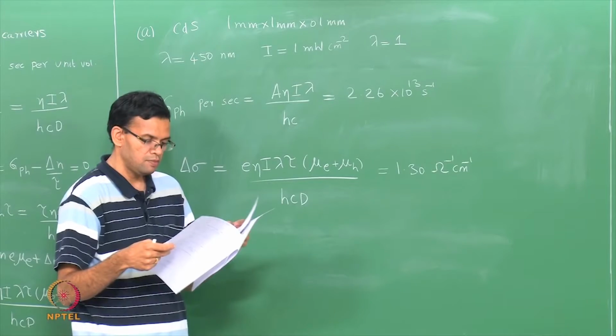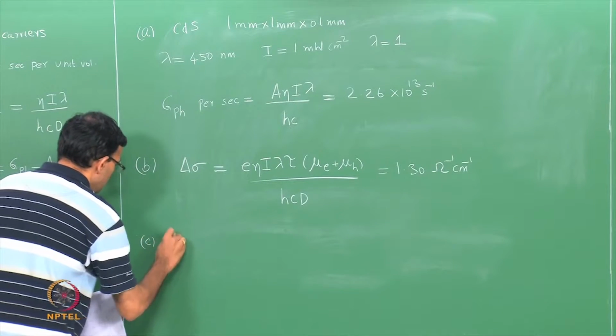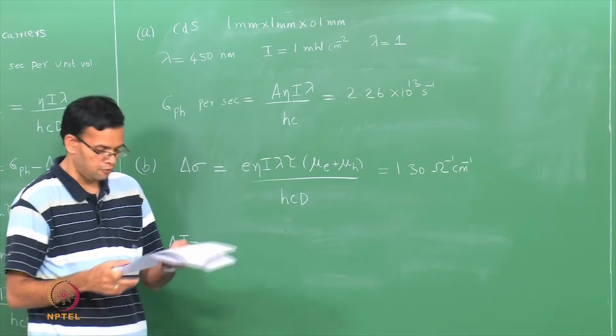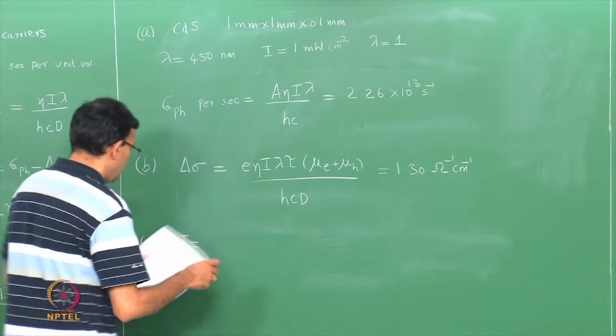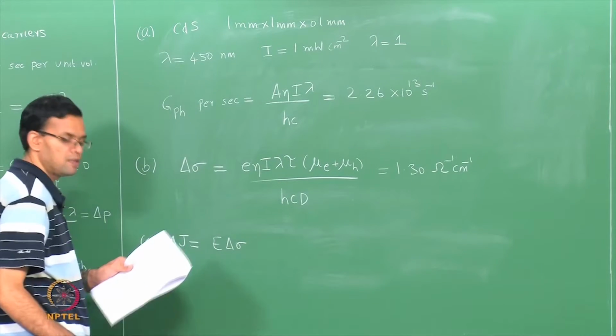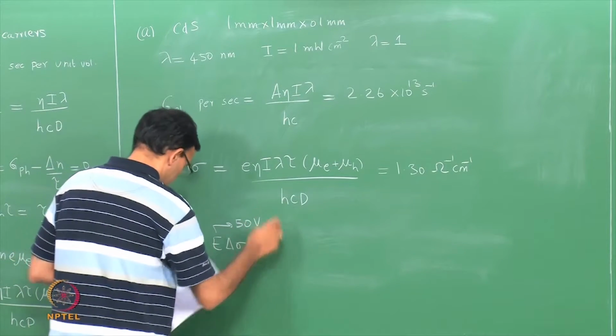In part C, we need to calculate the photocurrent delta J when you apply a potential of 50 volts. So, delta J is nothing but E times delta sigma. So, E is 50 volts.